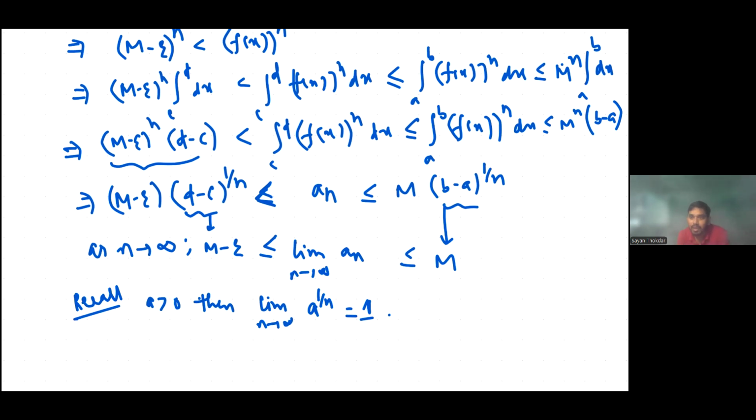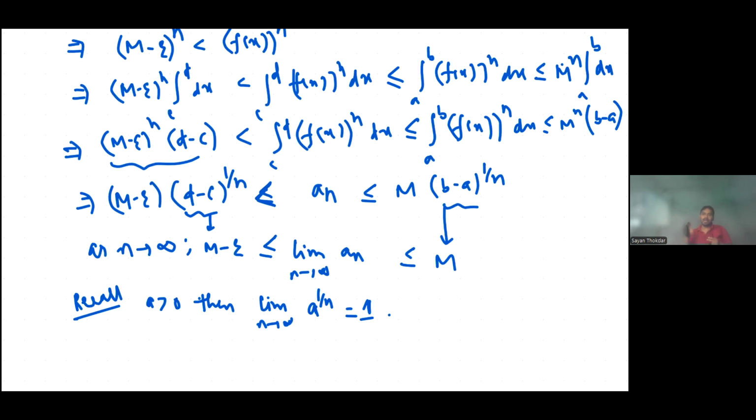If a is greater than 1, then a to the power 1 by n is also greater than 1, so take a to the power 1 by n as 1 plus xn. Then a equals (1 plus xn) to the power n, and using the binomial expansion, 1 plus n xn is less than this, so a is greater than n xn. From that, xn goes to 0, so a to the power 1 by n, which is 1 plus xn, goes to 1.